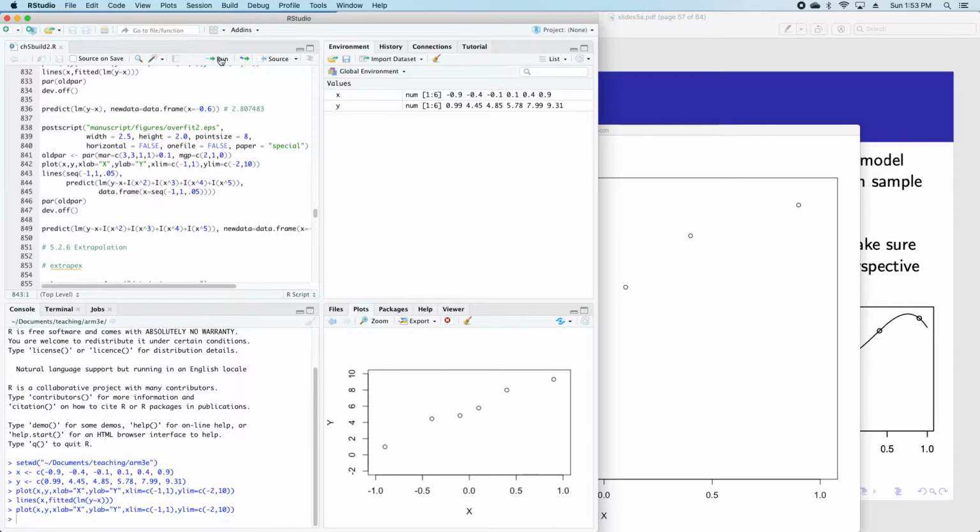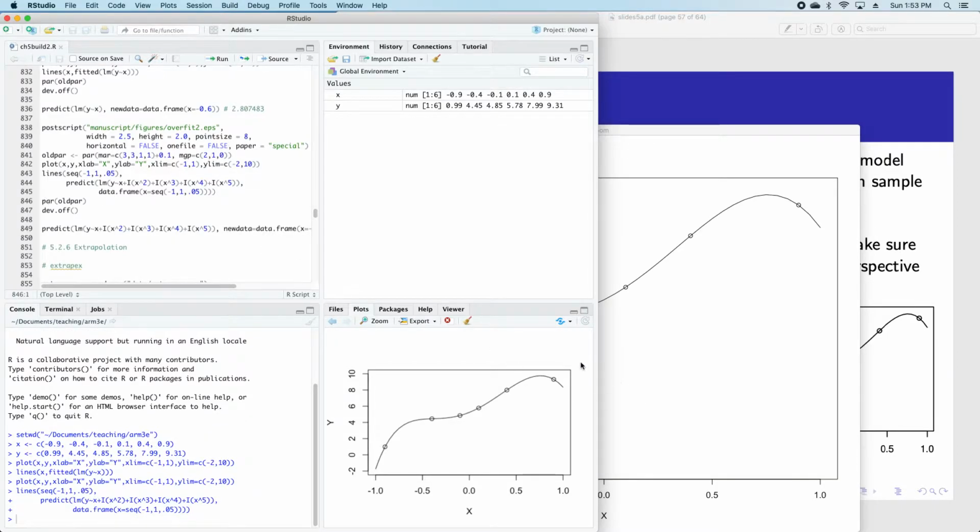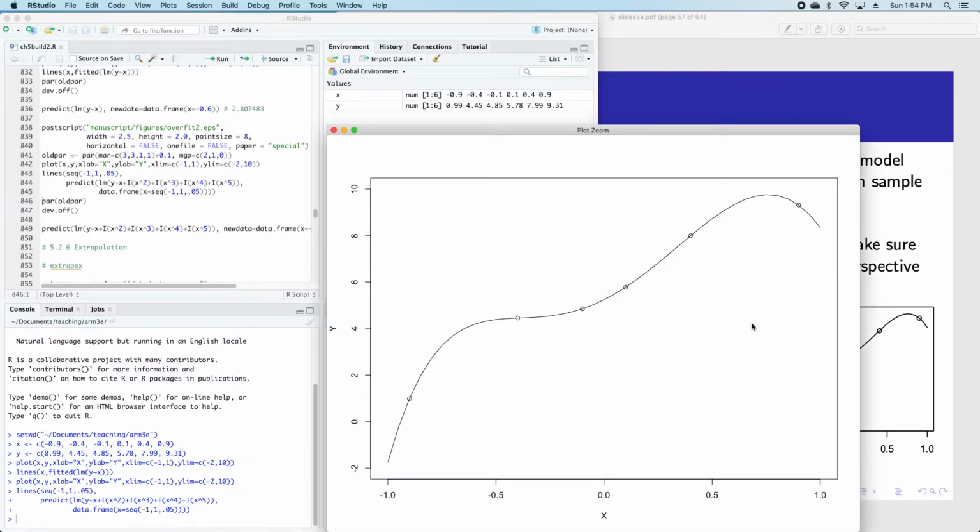But this time, I'm going to add a model that's got x squared, x cubed, x to the 4, and x to the 5 in it. And that's sufficiently complicated of a model that the regression line can go through the points exactly with no error.